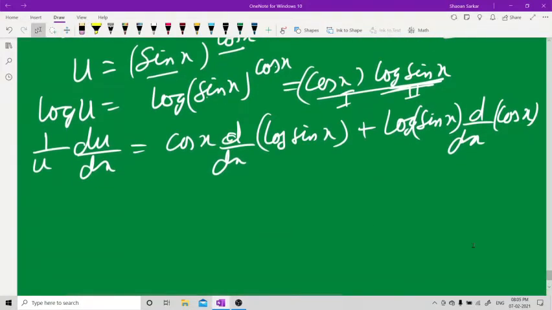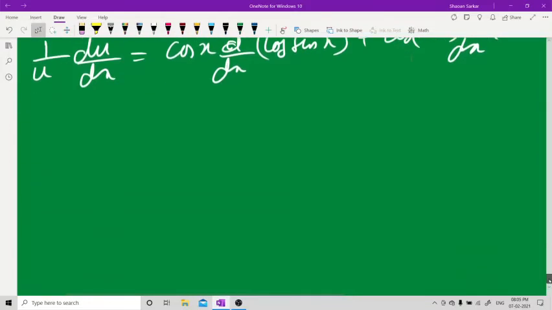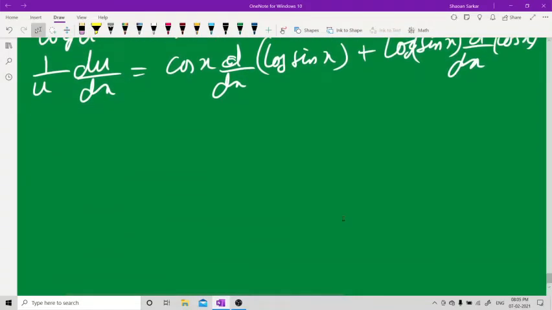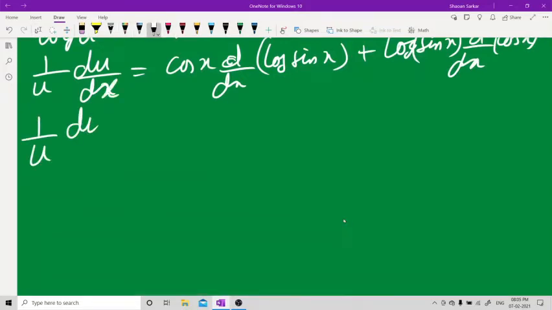Now let's take more space. No problem. Now 1 upon u du dx is equal to cos x as it is, differentiation of log sin x.